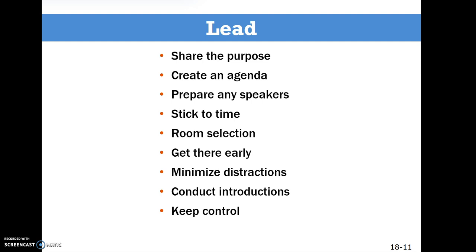You want to conduct introductions. Sometimes as a lead, you may go around the room and introduce everybody, or you will just ask everybody in the meeting to give a quick name overview and who they are or what their position is at work. It's real important so everybody knows to whom they're speaking in that particular meeting. And lastly, keep control.